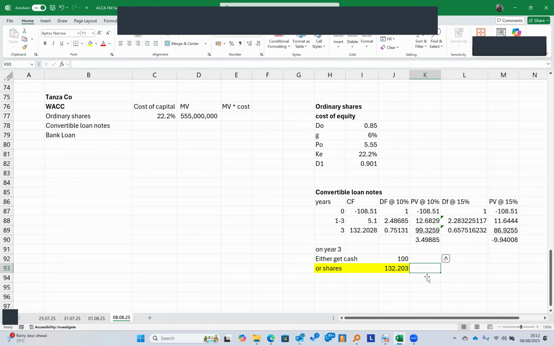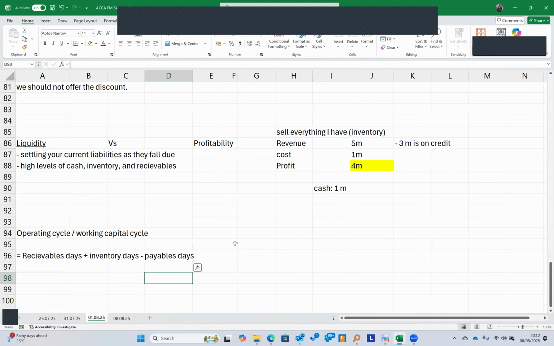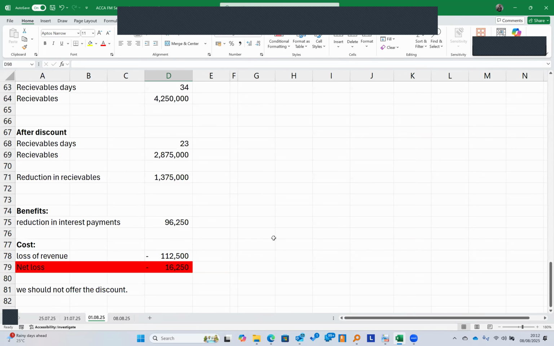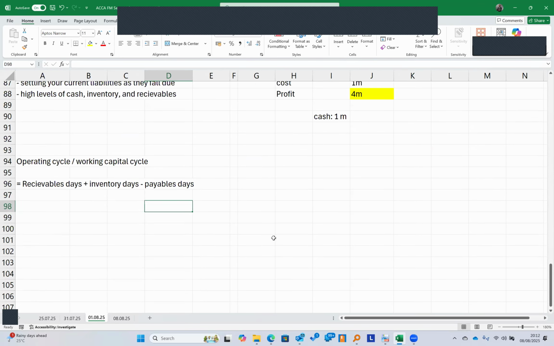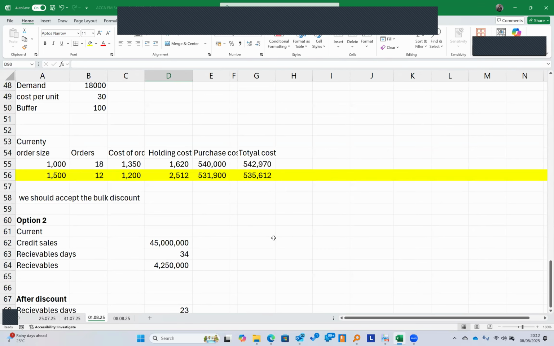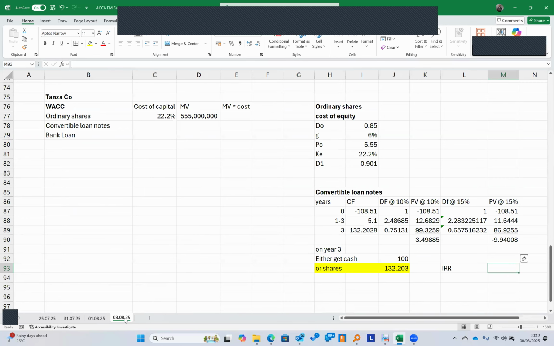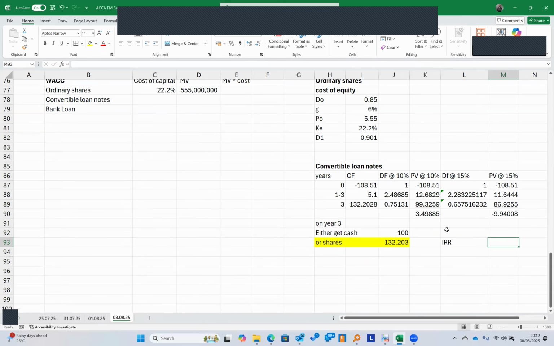Now for IRR, we saw yesterday the formula. I can just bring it back in case you forgot about it. And I think this is not the one that we used yesterday. Okay, no worry.